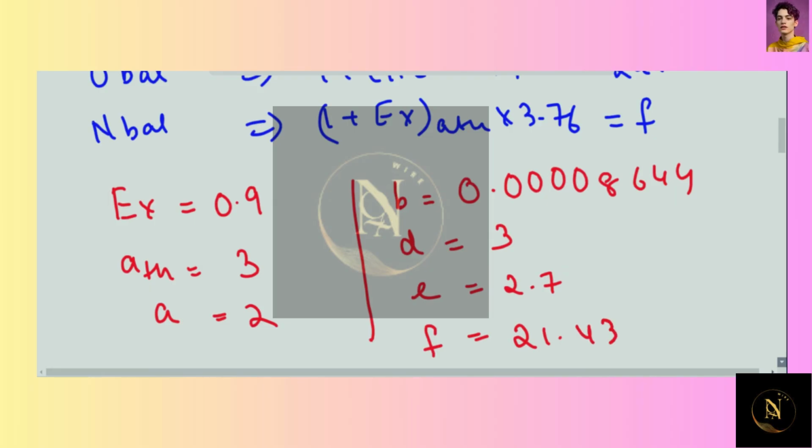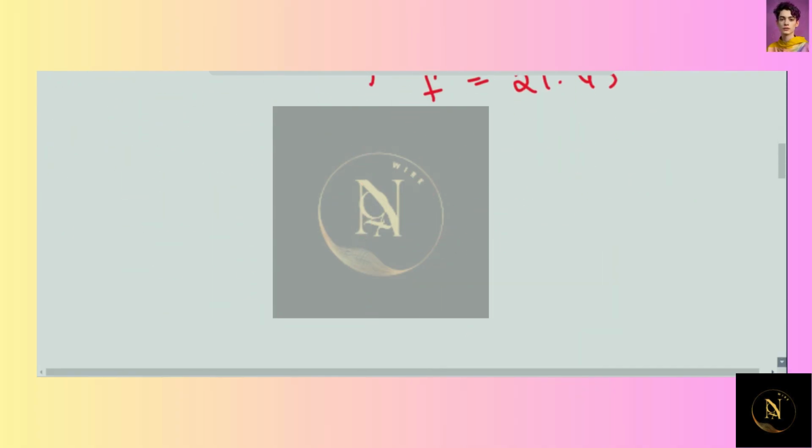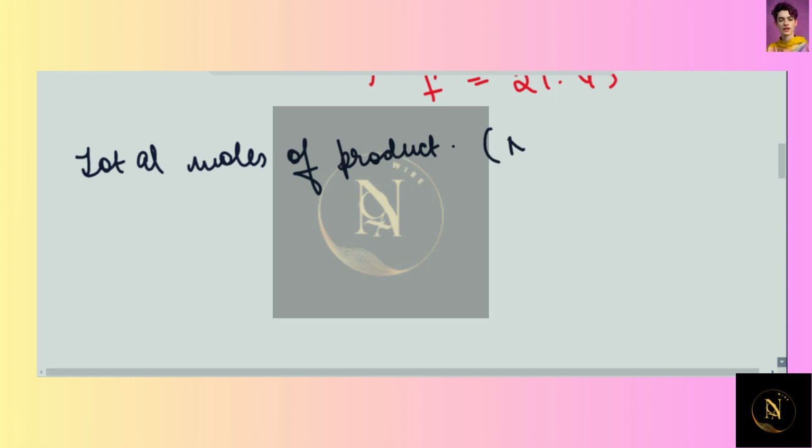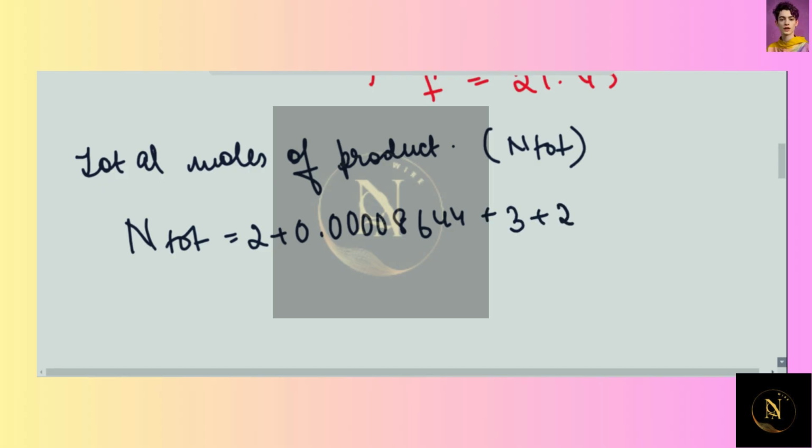Now, not writing the equation again, the total moles of the product, that is N total, equals 2 plus 0.00008644 plus 3 plus 2.7 plus 21.43, and that is 29.13.